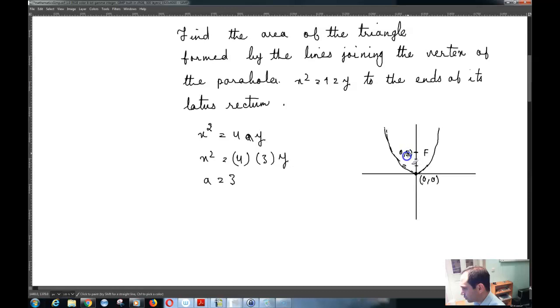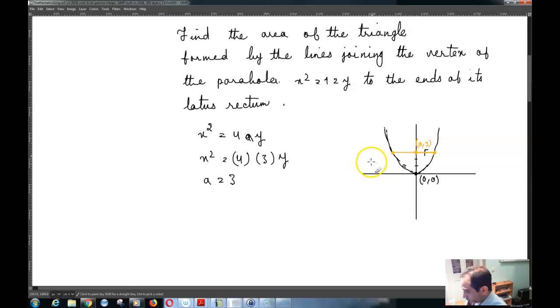Now the latus rectum of this parabola is this line segment over here, and this point over here is 0, 3, because your a is equal to 3.